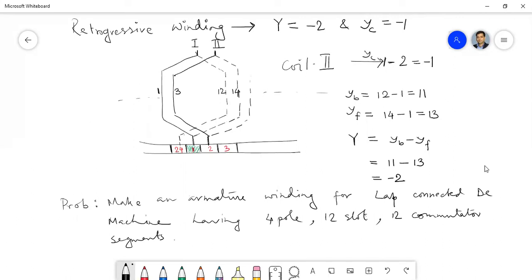Okay, so the winding will be a double layer winding obviously.